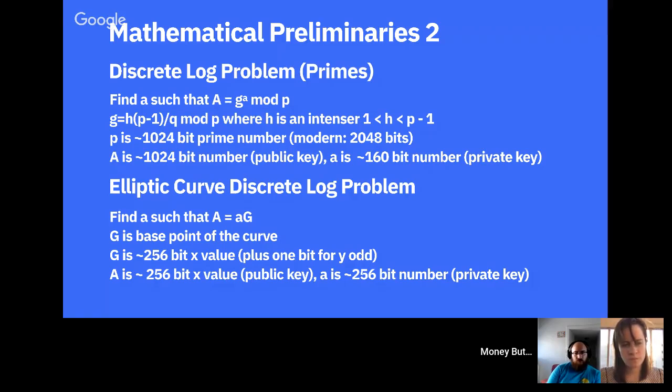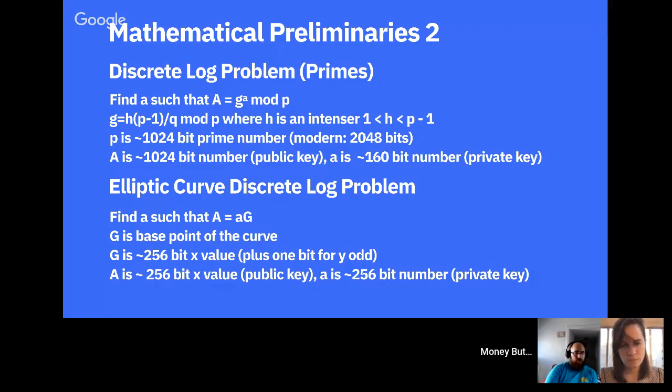So it's a bit out of date, and you have to use larger key sizes now to secure against faster computers, because computers have gotten a lot faster since then. And then capital A is your public key, which is a 1,024-bit number, and little a is 160 bits, again according to the original spec, although again today you would have slightly larger key sizes.